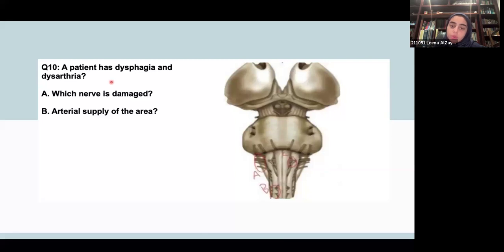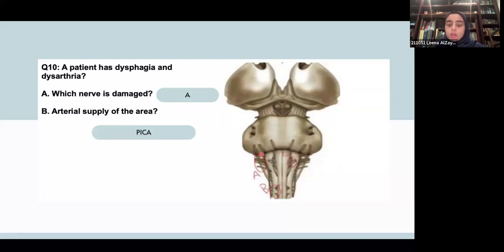Okay, let me do it. So the answer is A. It's over here. Okay, and it's probably the vagus nerve. So it's cranial nerve number 9, if I'm mistaken. Cranial nerve number 10, and it's supplied by the posterior inferior cerebellar artery, because we're still not at the level of the pons.